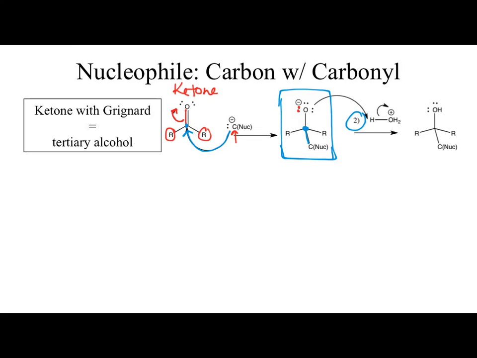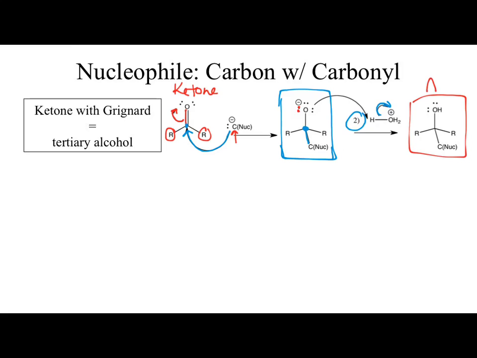Okay? The oxygen can share its electrons with that hydrogen. Hydrogen would then have too many bonds, so we take the electrons in that hydrogen-oxygen bond, and we move them towards the oxygen. Okay? And we end up with our final product. We now have what functional group?